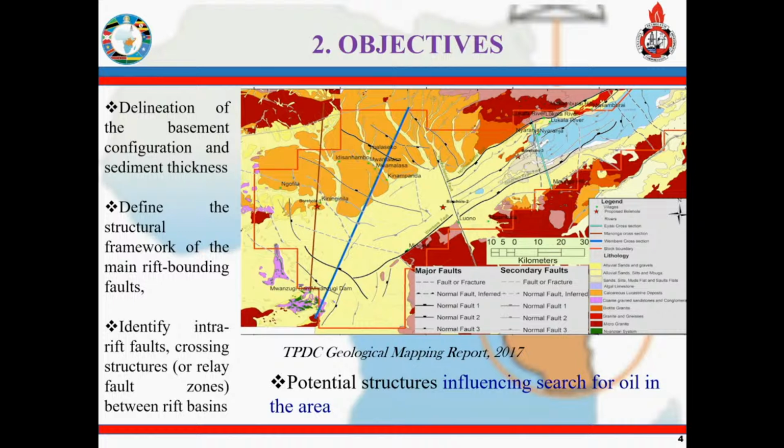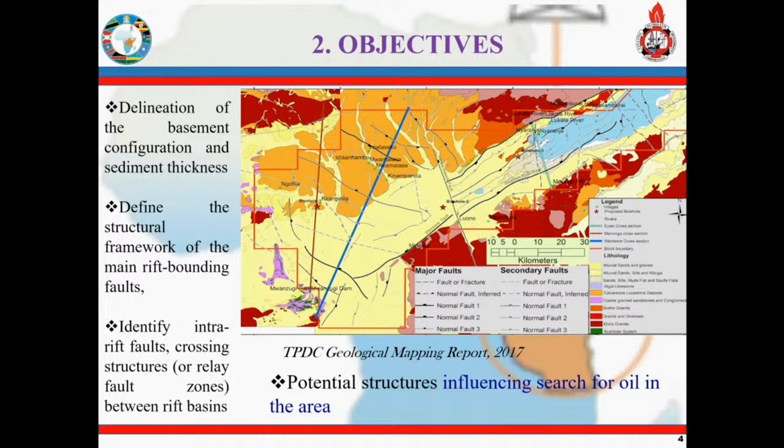Due to the nature of the area, it is somewhat complex because it doesn't have any exposure of rocks, except on the western part of the area where we can see the basement and meta-sediments. But most of the area is a plain. As you see there, the yellow color is the basin itself, but there is no exposure of the rocks.